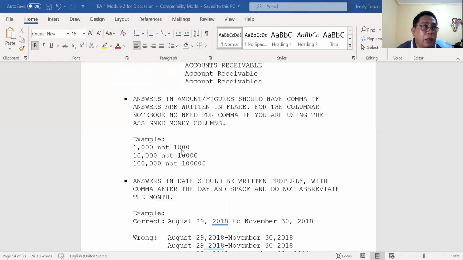But of course, especially if we're going to answer in Flare, do not write the peso sign anymore so that you will not be wrong. So just the amount, but make sure that the figure should be with comma. Like 1,000 is written, not 1000 without comma.